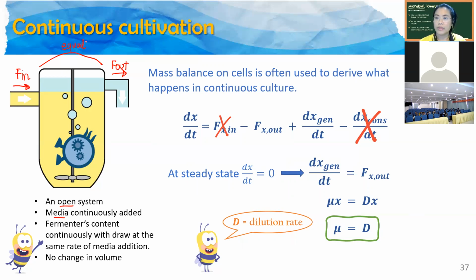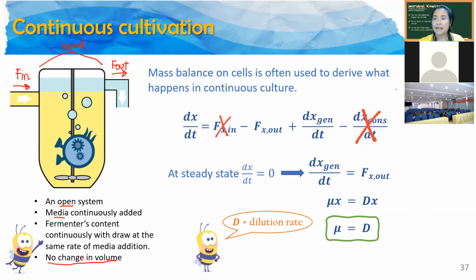So with equal flow rate in and flow rate out, you have no change in volume. But it is an open system since you have change in mass: mass going into your system and coming out of the system.